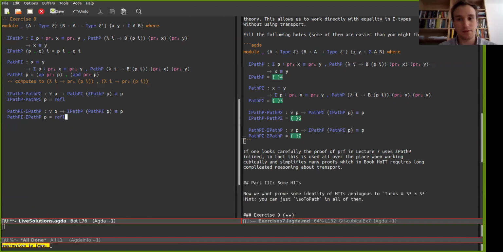It's also by refl. So this is one of the main things for Cubical Agda. Very nice.